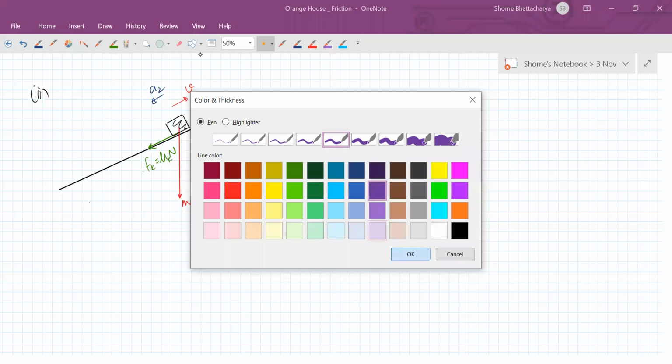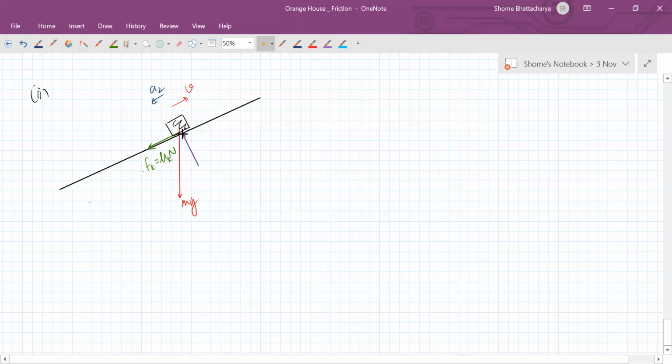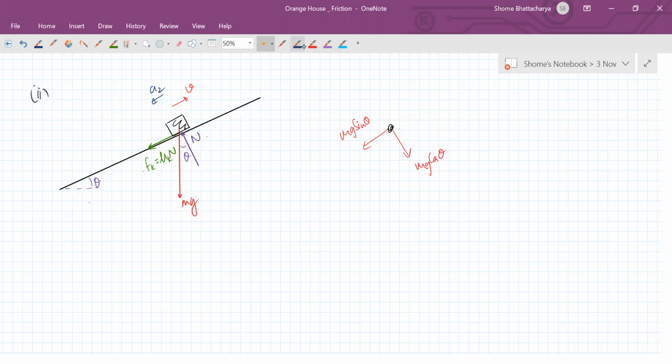Weight and normal reaction act this way only. This angle is theta. This angle is theta. So now when you resolve the forces, you can see that mg sine theta acts in the same direction as friction this time.